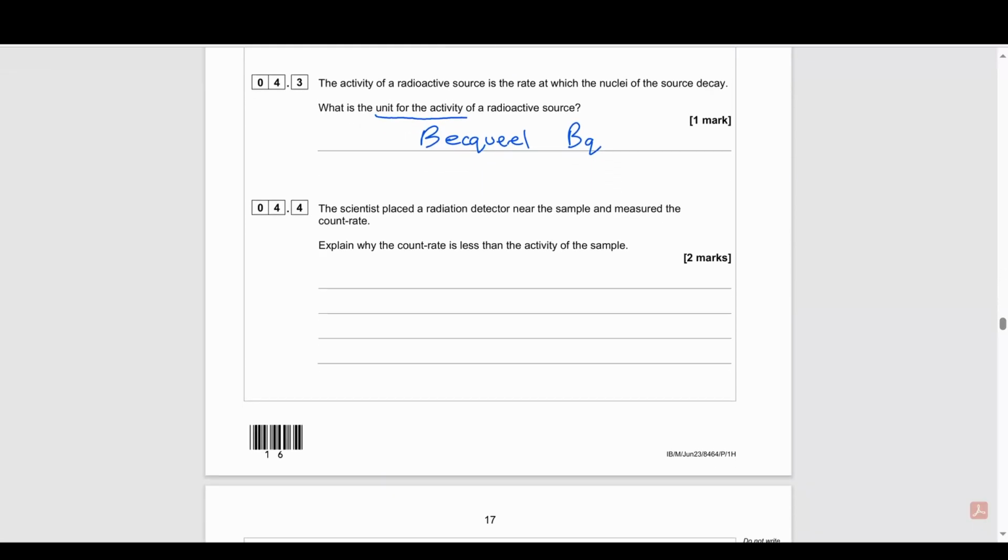4.4. The scientist placed a radiation detector near the sample and measured the count rate. Explain why the count rate is less than the activity of the sample.